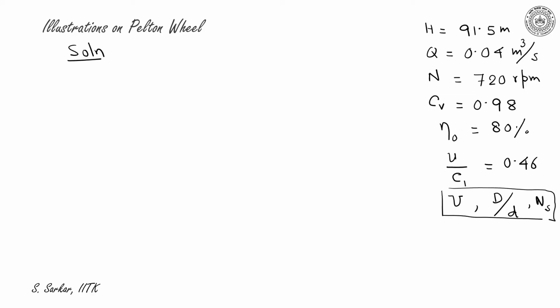Now I'll solve. The overall efficiency eta 0 can be stated as power developed divided by power available.